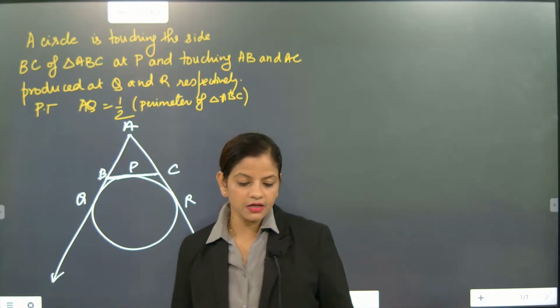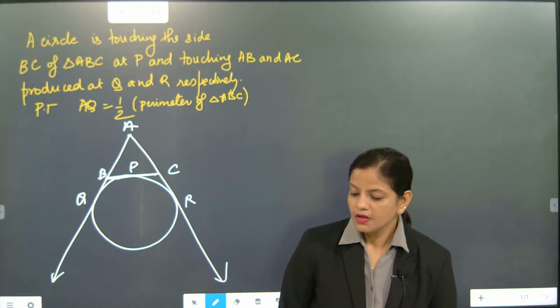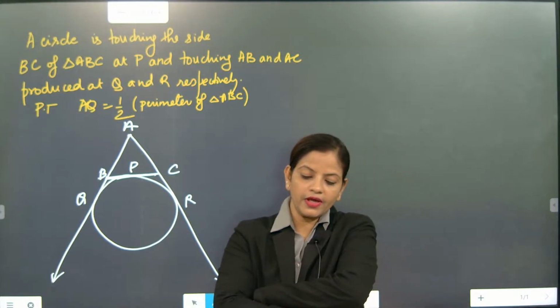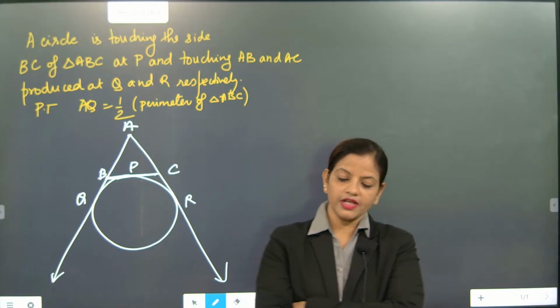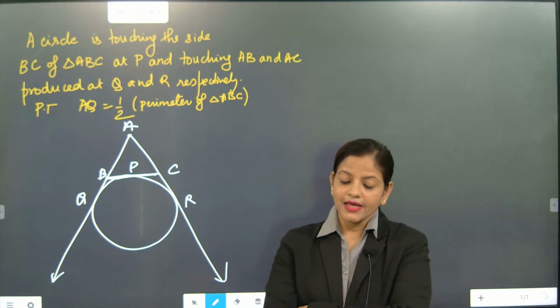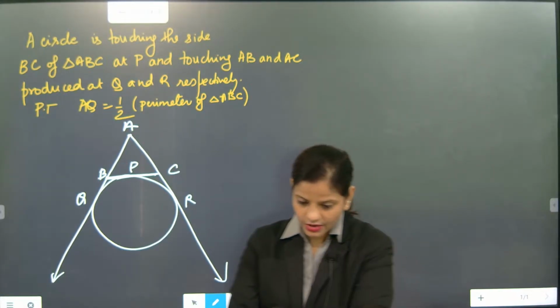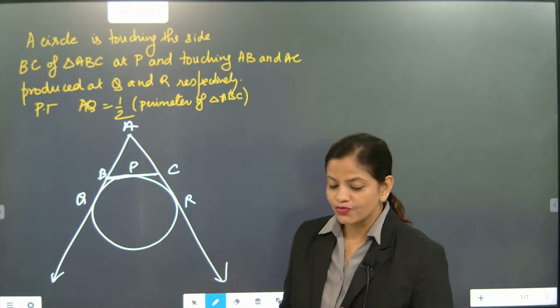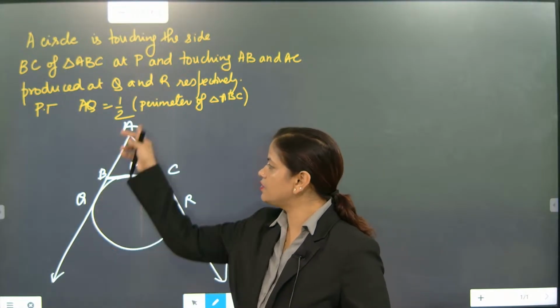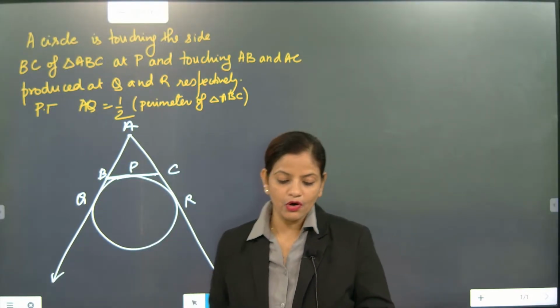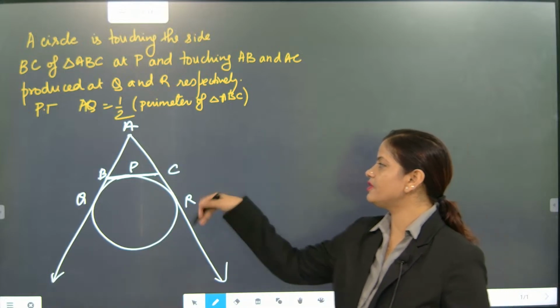This is exactly the question given to you. What do I have to do here? In this question, what they are asking is you have to prove that AQ is equal to half of the perimeter of triangle ABC.